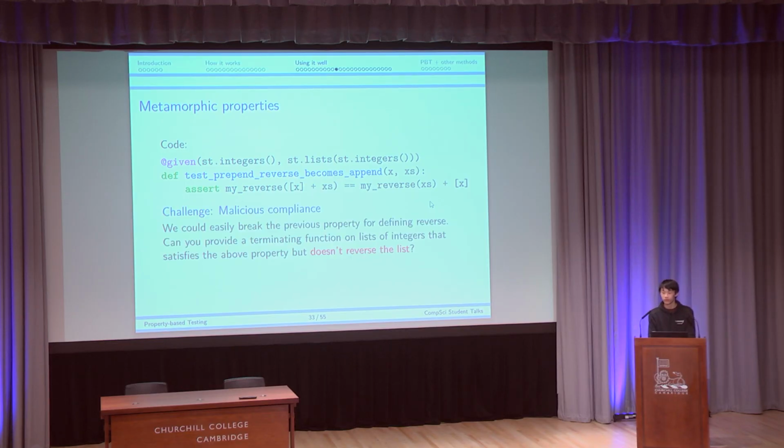So here's a challenge for you. This property isn't perfect. We could easily break the previous property for defining reverse, and we can break this property as well. Can you provide a terminating function on lists of integers that satisfies the above property but doesn't reverse the list? I think this one's a pretty interesting problem.